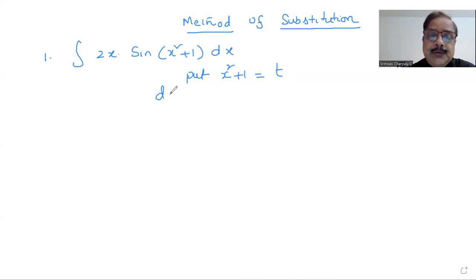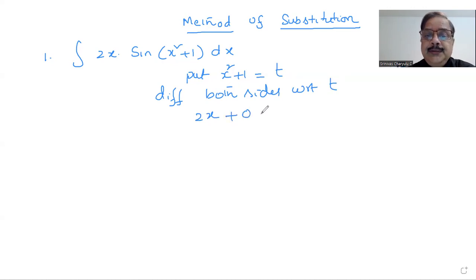Then differentiate both sides. Then what happens? X square differentiation is 2x, 1 differentiation is 0. So 2x dx by dt we should write here, because we are differentiating x. 2x dx by dt, then plus 1 differentiation is constant, therefore 0.